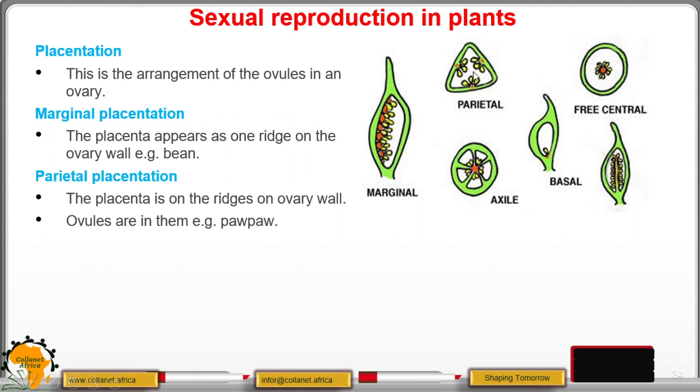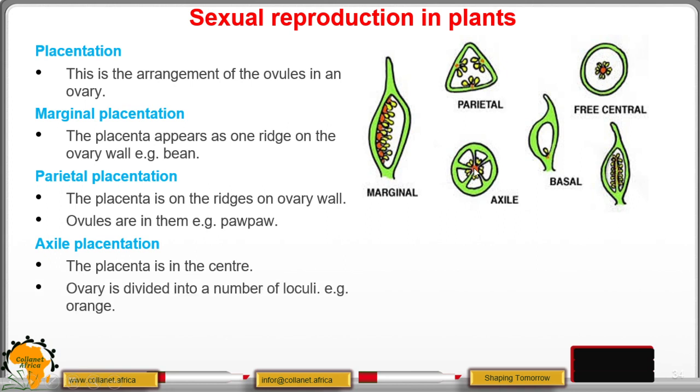For instance, in the pawpaw. Then we have the axial placentation, and the placenta is at the center, and the ovary is divided into a number of loculi. So these are the loculi. For instance, in the orange or even lemon and some others.